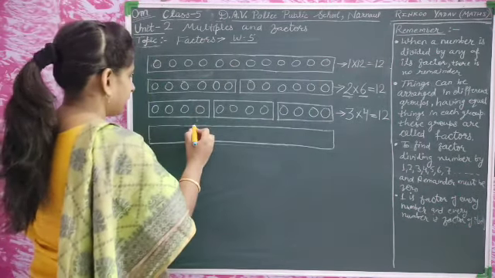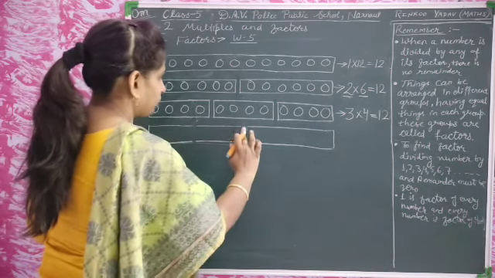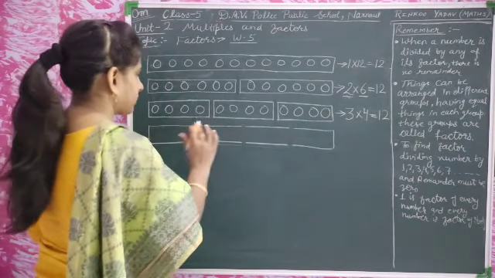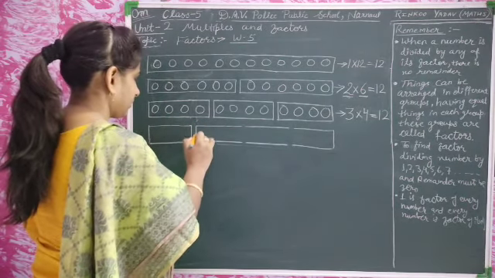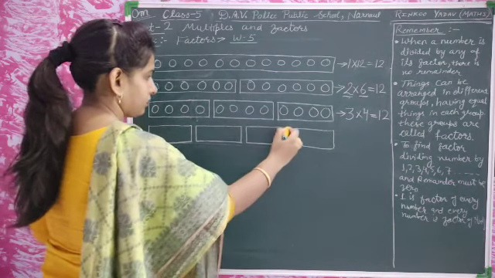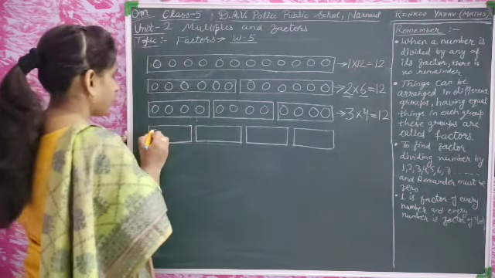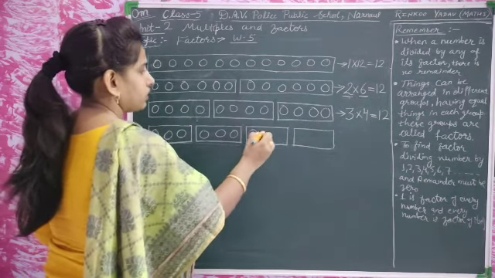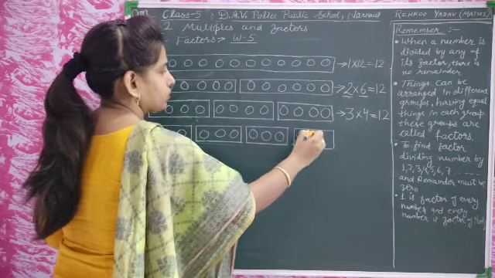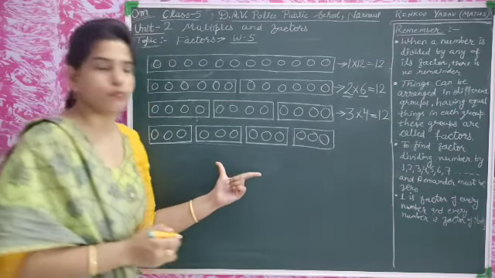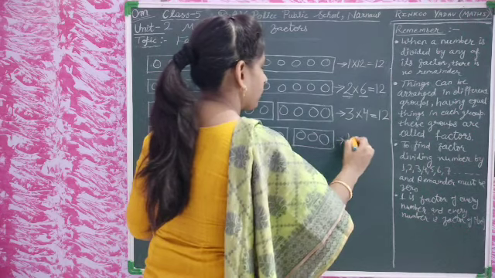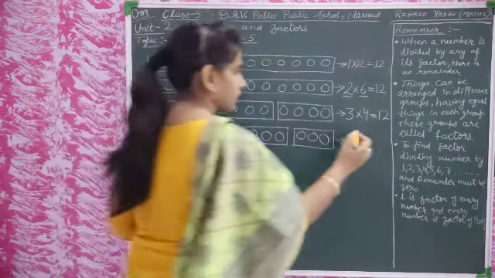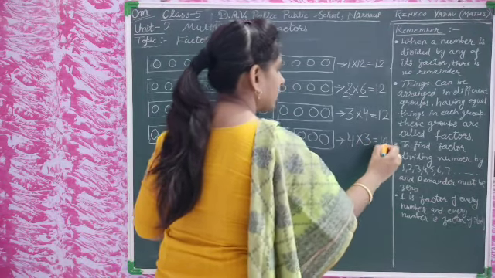There are 4 equal parts. 1, 2, 3. 1, 2, 3. 1, 2, 3. 1, 2, 3. How many have? 3. 4 equal groups, and each group has 3 things. It means 4 threes are 12.